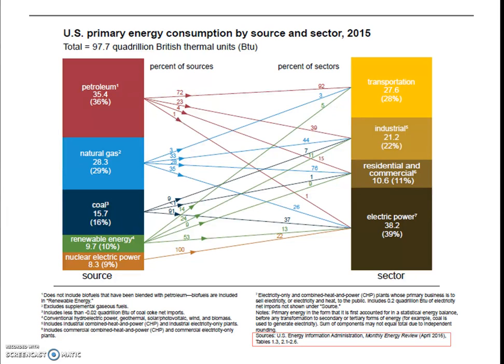And we also need to generate electricity using methods other than coal combustion. And we'll see in a minute that that's quite doable as well. Looking at this diagram, we see that in 2015, 37% of the electricity in the United States was generated using coal power.